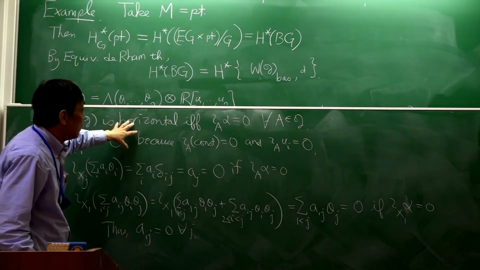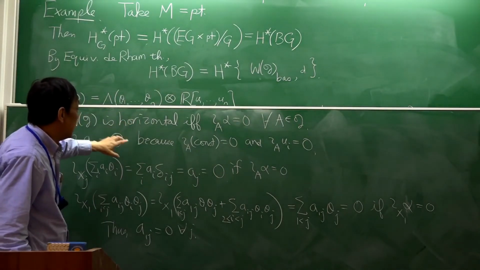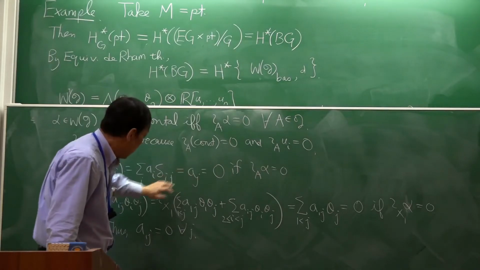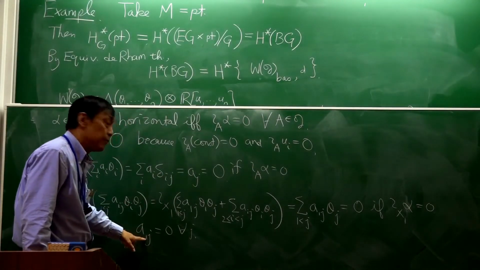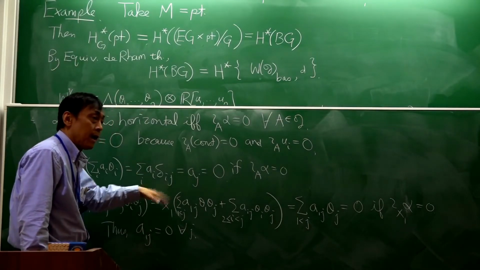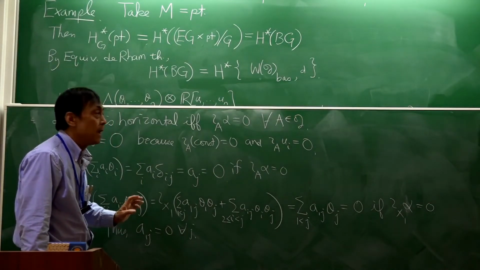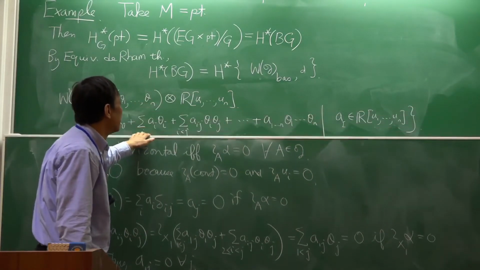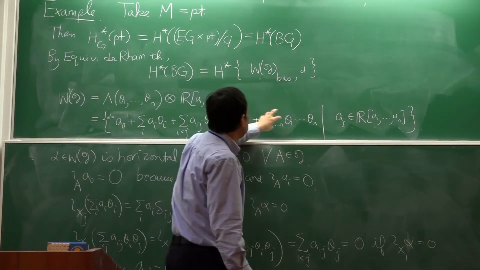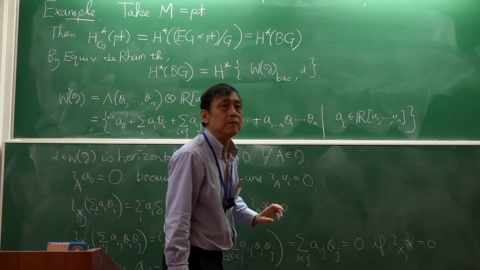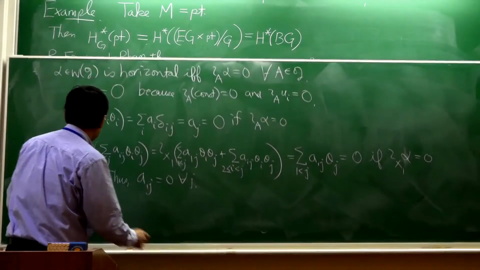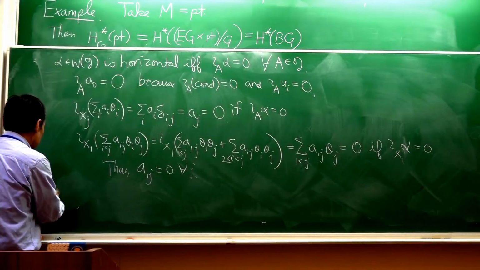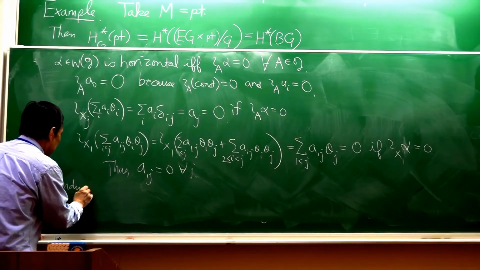So if you have a horizontal element, then all the AJ's are 0, all the A1J's are 0. There's really nothing special about this 1. All AIJ's are 0. And similarly, all these other coefficients are 0. You can do an induction.